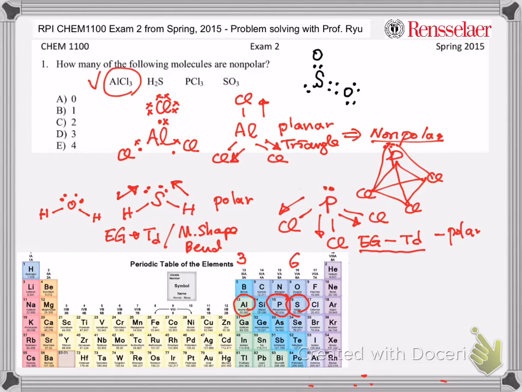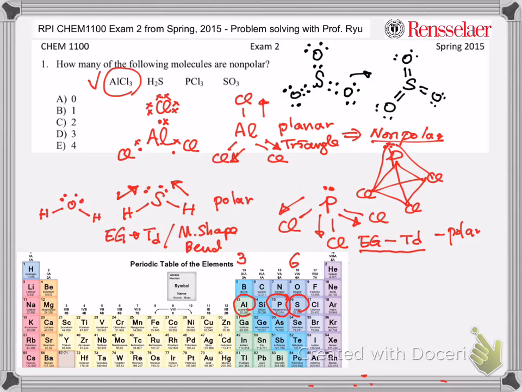They can draw the Lewis dot structure like that, and this gives you a little bit funny structure: 3 double bonds onto the central sulfur.